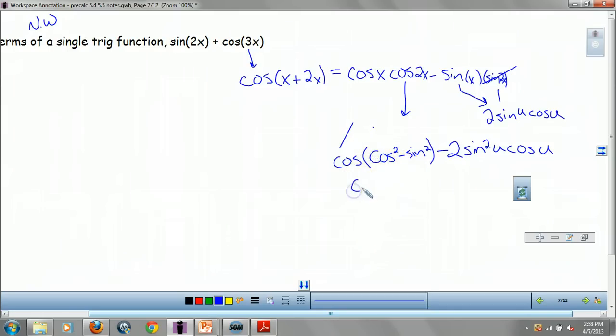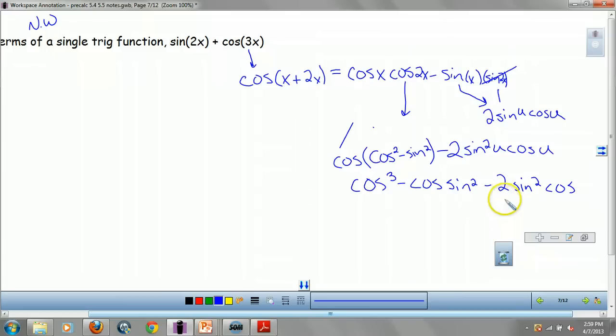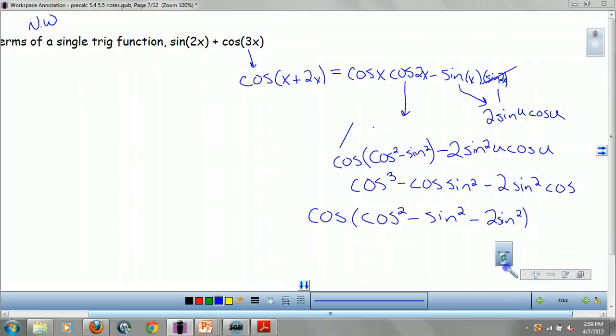So this whole thing's actually cosine cubed minus cosine sine squared minus 2 sine squared cosine. Right? What can I factor out of all these? Well, cosine. So it's actually cosine times cosine squared minus sine squared minus 2 sine squared.